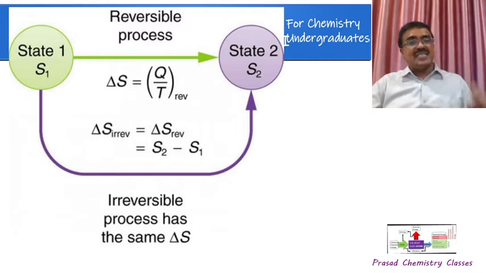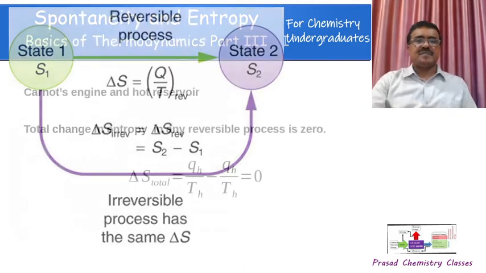The change in entropy has to be obtained as Q reversible by T, always. The process may be irreversible, but the mathematical parameter you have to bring in to determine the change in entropy will be Q reversible by T.